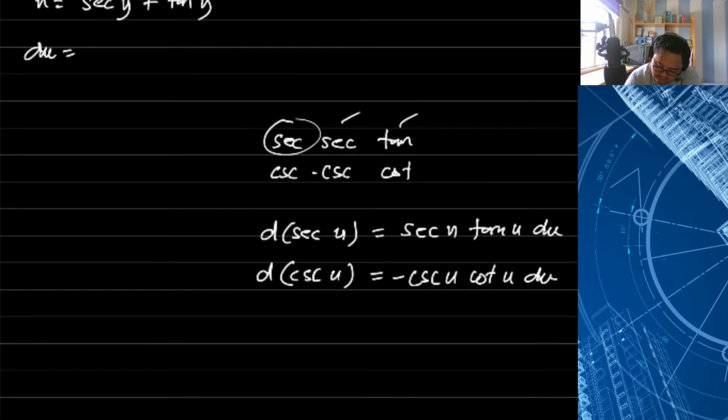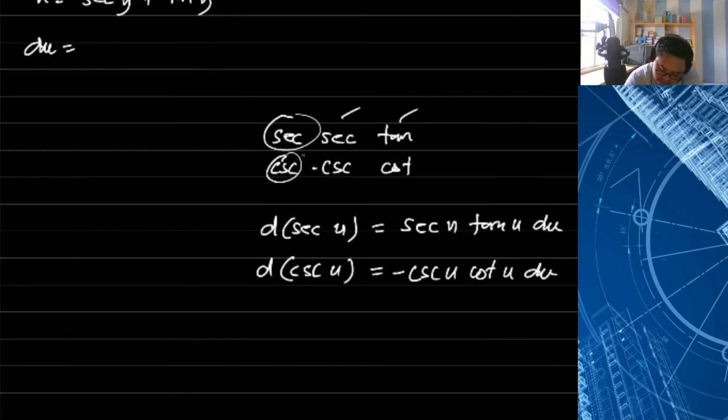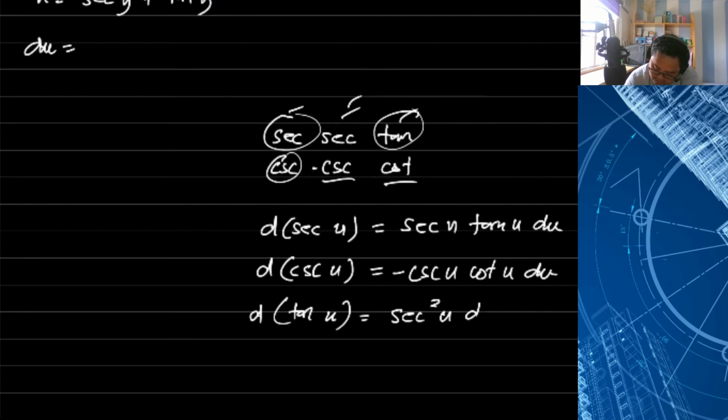Now, the differential of tangent u is, since we have 2 secant, secant squared u du. Now, let's go to the cotangent.